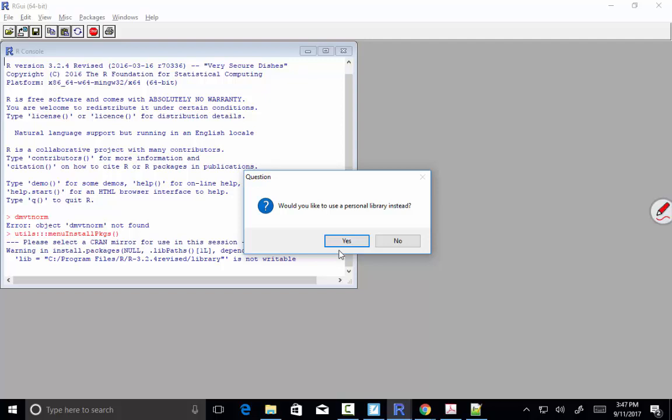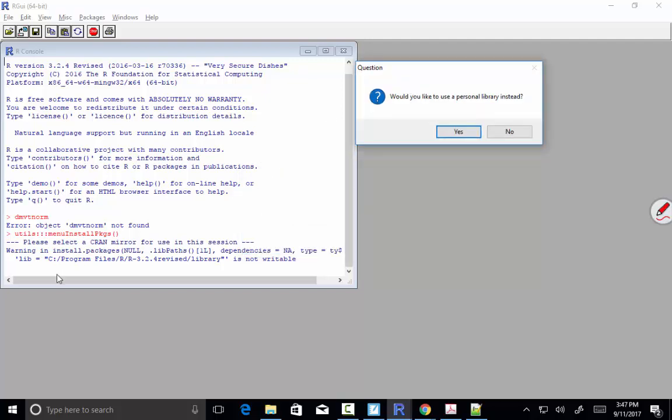A possible challenge for you is permissions on your computer. So on this particular computer, it's telling me it's going to try to write the files that define the package to your hard drive in a predefined location, this location.